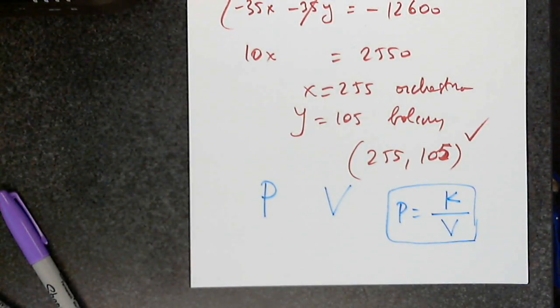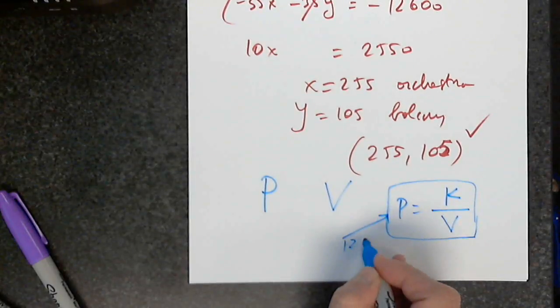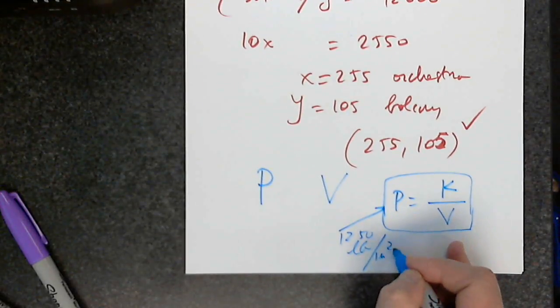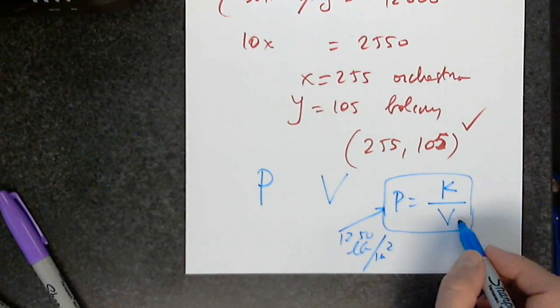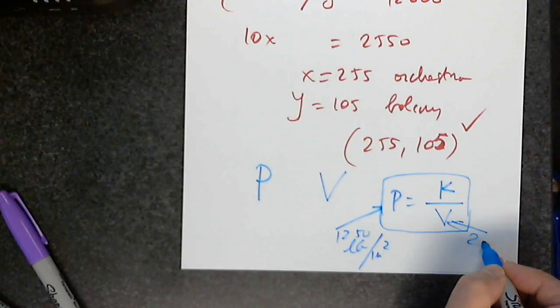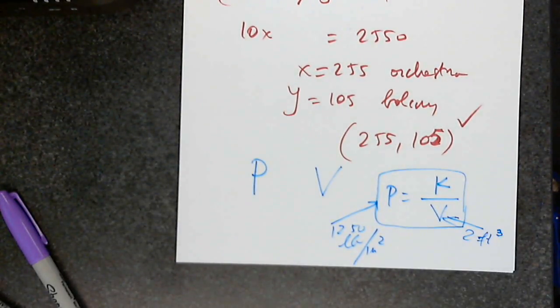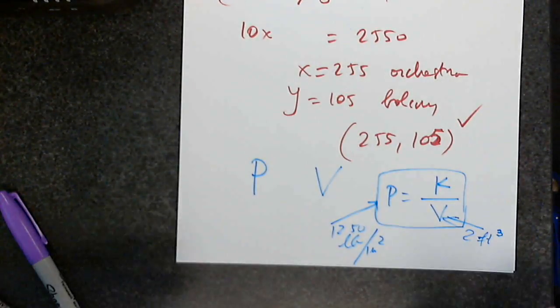If a gas exerts a pressure of 1,250 pounds per square inch when the volume is 2 cubic feet. Why is this given to us? Let's convert to inches.